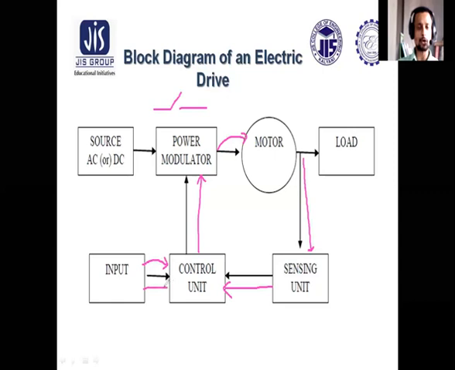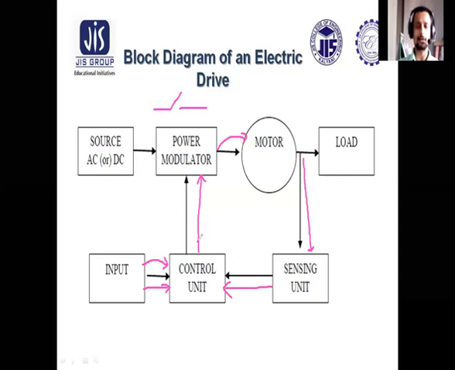This input block is constantly sending 1500 RPM. So this control unit will now decide, subtract these two values. This is the desired value, this is the actual value. Subtract these two values, and depending on the error, this control unit will send another signal.